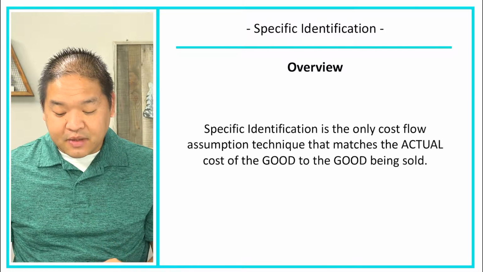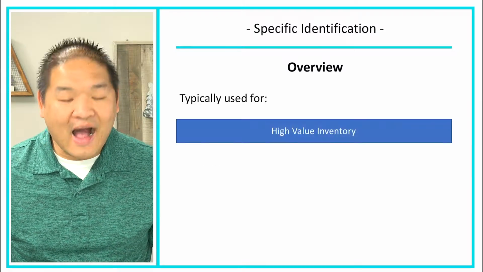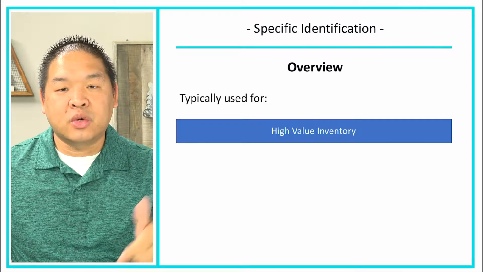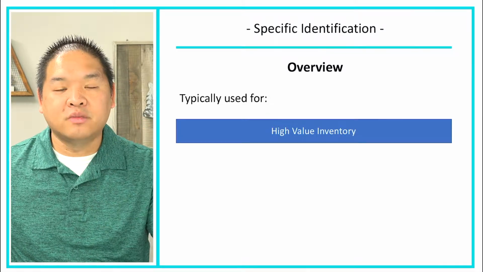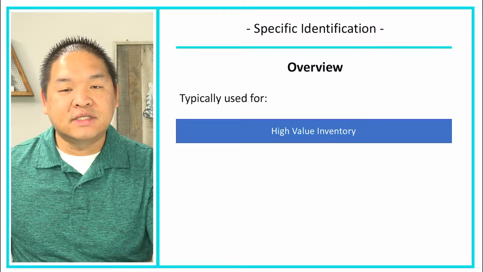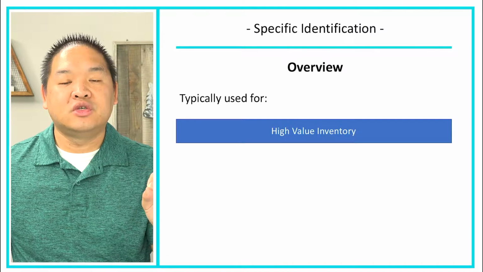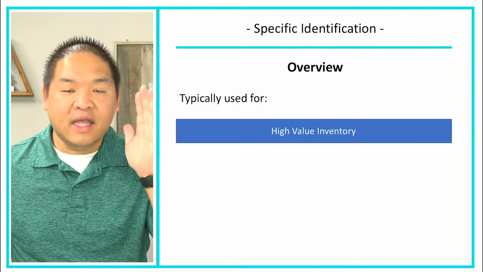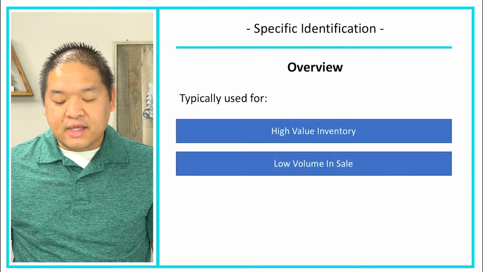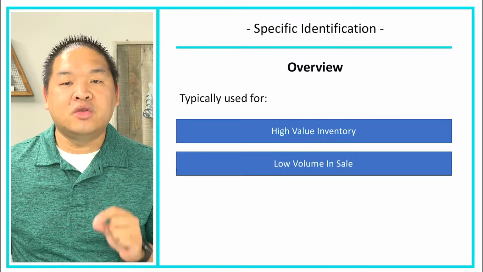Now, this is typically used for high value inventory, like cars, jewelry, boats, homes, high dollar value items. This is usually used to cost the inventory to cost of goods sold. This also is used for low volume in sales.